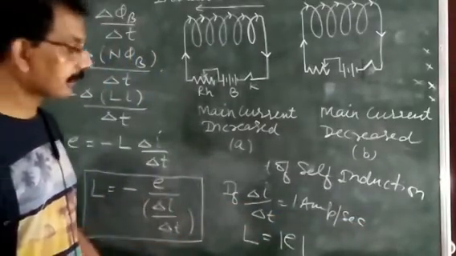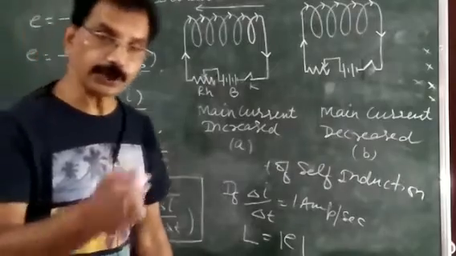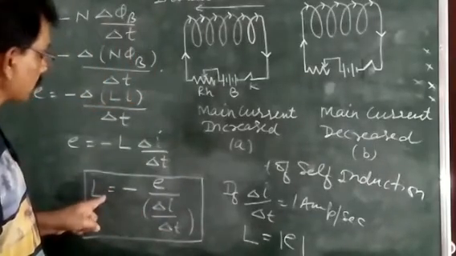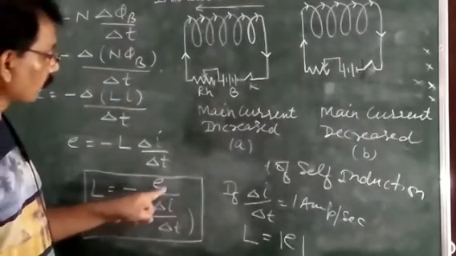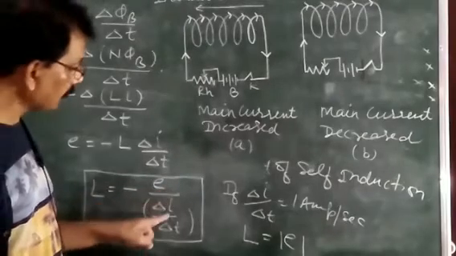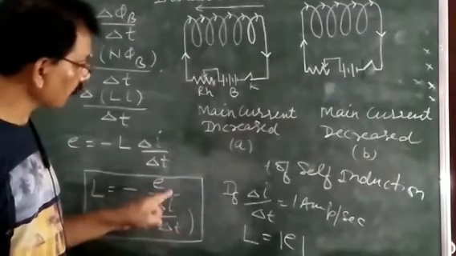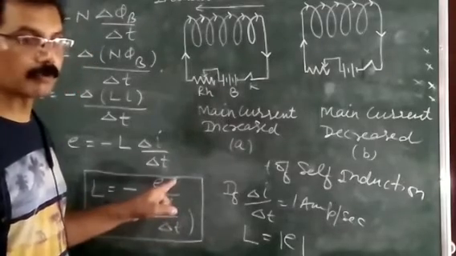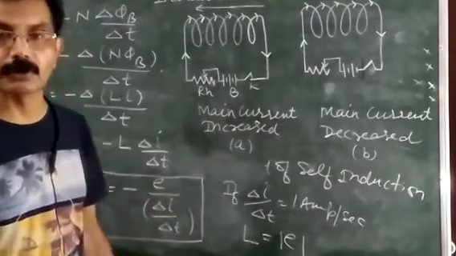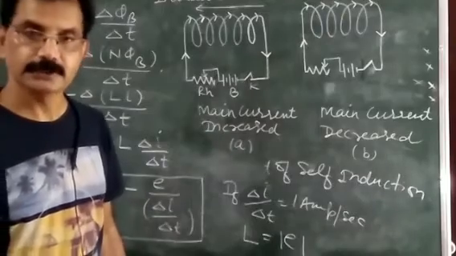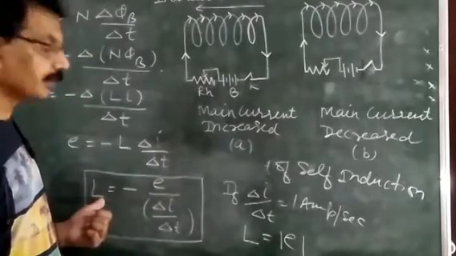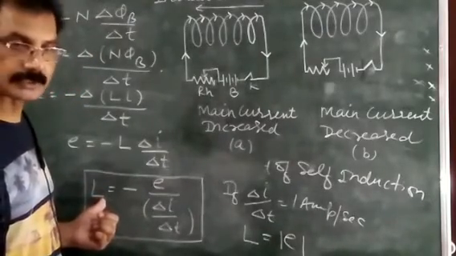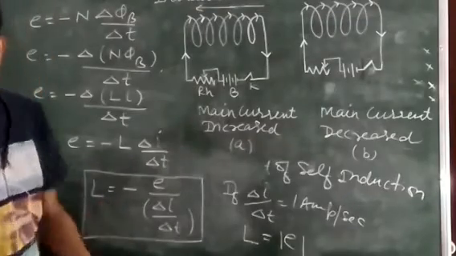And if anybody asks you what is the unit of L, तो यहां से आप देखिए यूनिट ऑफ L निकालेंगे तो वोल्ट अपॉन एम्पियर अपॉन सेकेंड। You can write volt second per ampere, and volt second per ampere is also called Henry. It means the unit of self induction is Henry.